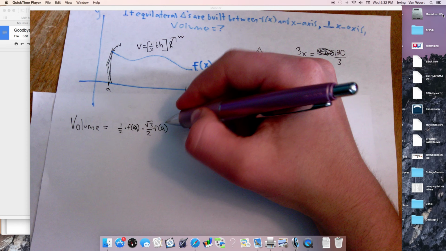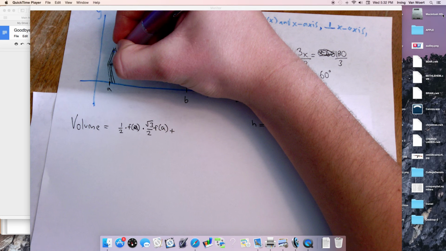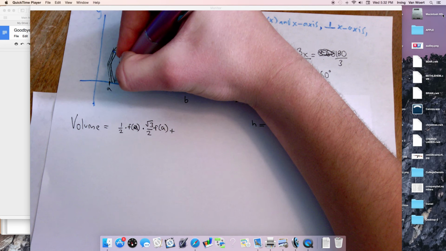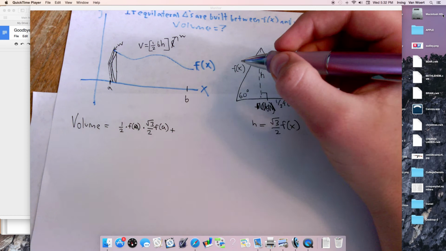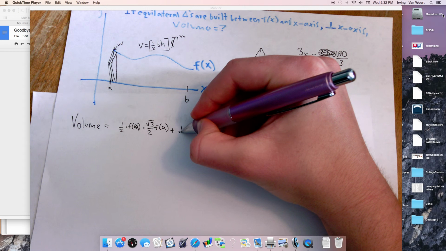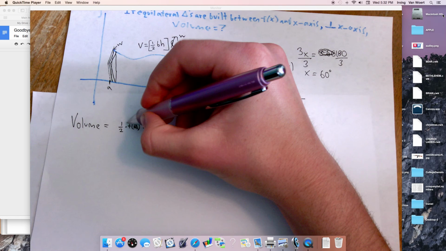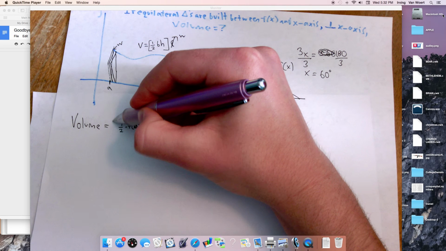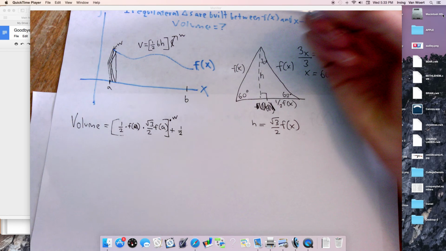If we wanted to make a second triangular prism here, perpendicular to the x-axis, it would still be 1/2 base times height. Actually, up here we forgot one thing. There should be a W. It should be times W to get that width, right?